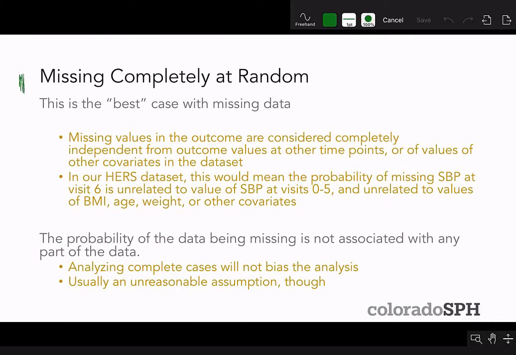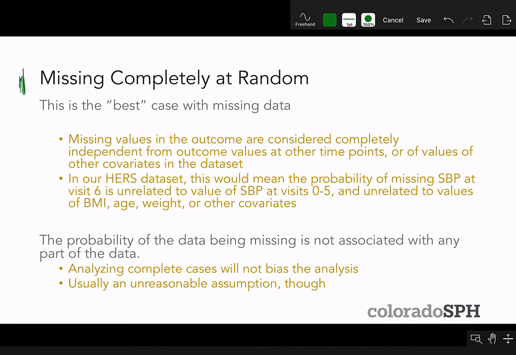First, missing completely at random is sort of the best case for missing data. This is when missing values in the outcome are considered completely independent from outcome values at other time points or values of covariates in the data set. So in the context of our HERS data set, this would mean the probability of missing your blood pressure at visit 6 is completely unrelated to the value of blood pressure at visit 0 through 5 and unrelated to values of BMI, age, weight, and other covariates.